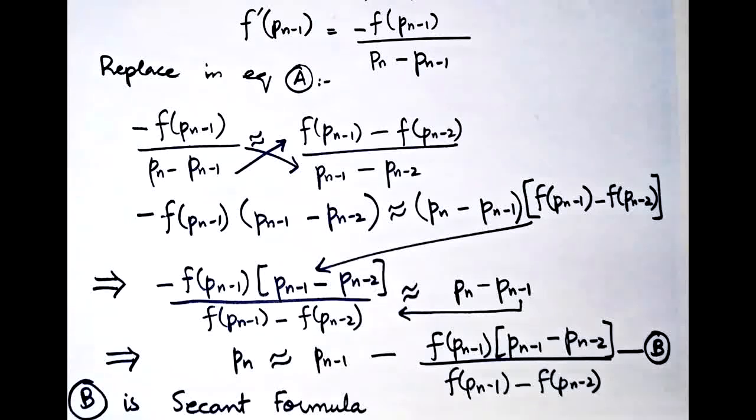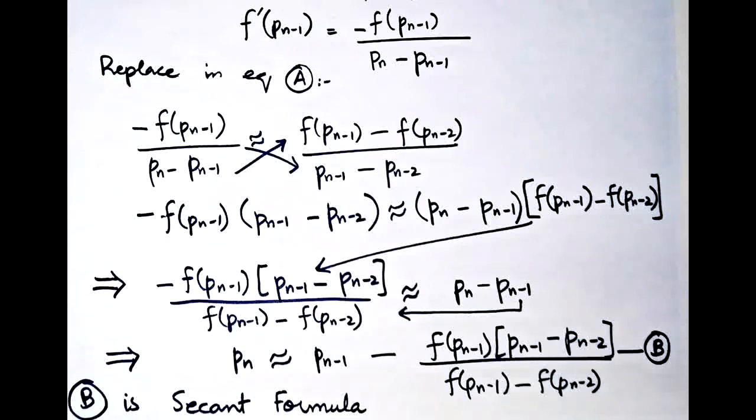Next, I shift f(Pn-1) minus f(Pn-2) to the denominator, and it becomes Pn minus Pn-1 approximately equal to minus f(Pn-1) times Pn-1 minus Pn-2 divided by f(Pn-1) minus f(Pn-2). Since Pn-1 is on the left side with a negative sign, I shift it to the other side.